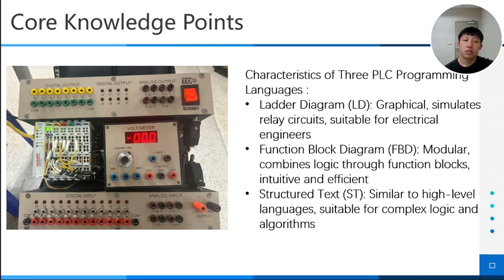It uses small blocks to build logic. It's easy to see and works well. Third, structured text. It's like high-level languages. It's good for complex logic and calculations.